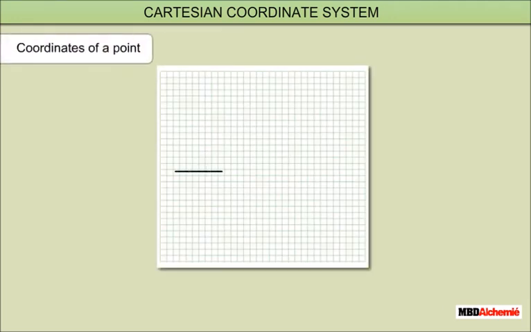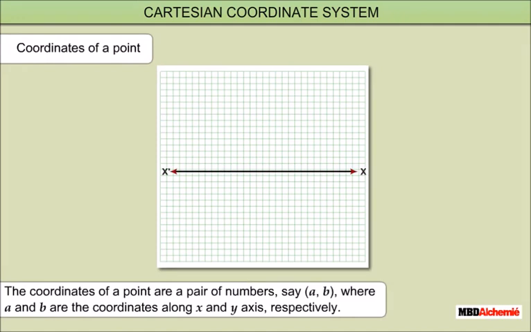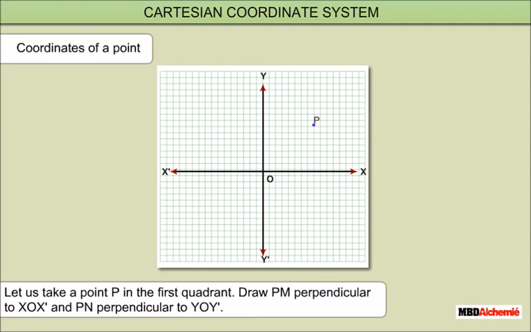Coordinates of a point: The coordinates of a point are a pair of numbers, say (a, b), where a and b are the coordinates along the x and y axis respectively. Let us take a point P in the first quadrant. Draw PM perpendicular to XOX' and PN perpendicular to YOY'.